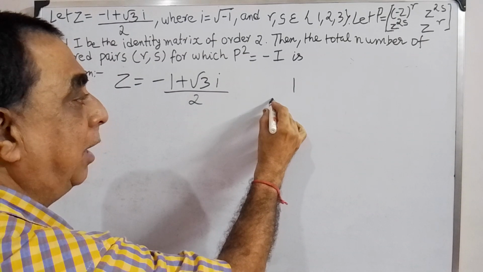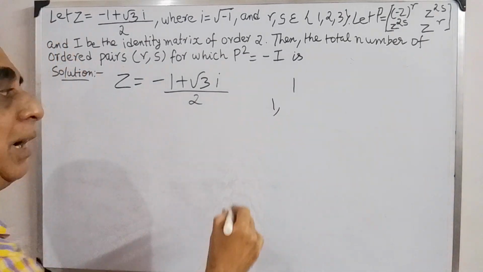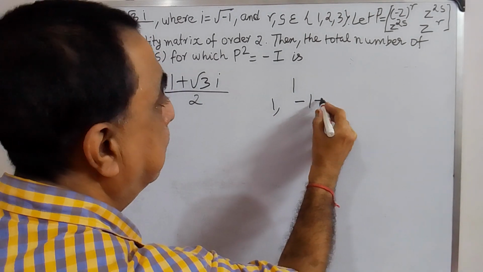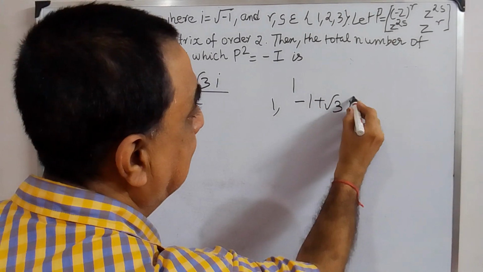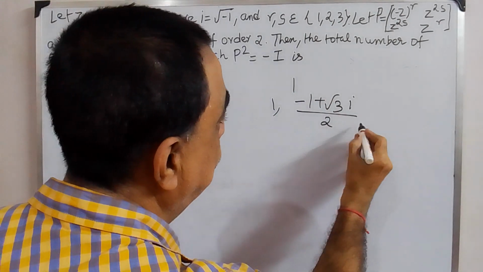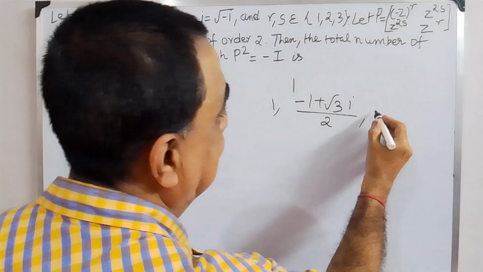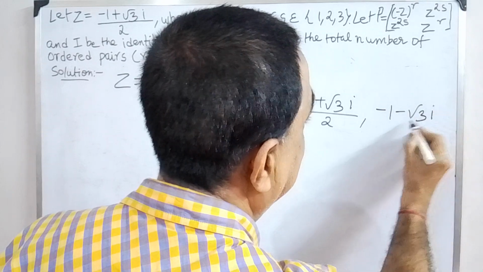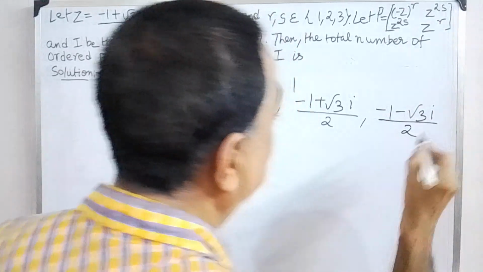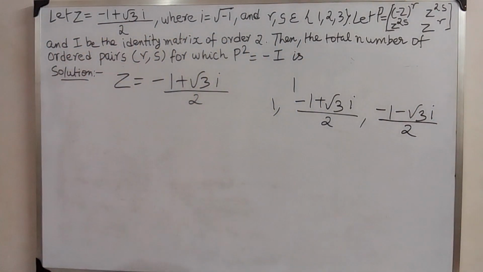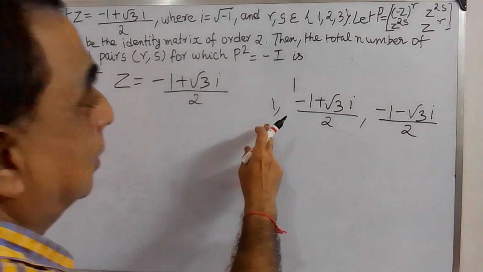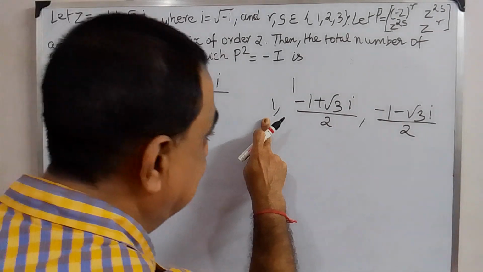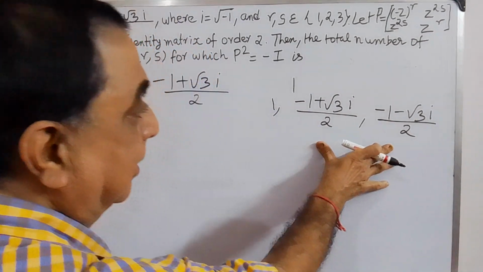One is 1, another is minus 1 plus root 3 i divided by 2, and the next is minus 1 minus root 3 i divided by 2. So there are 3 cube roots of unity. One is real and 2 are complex.